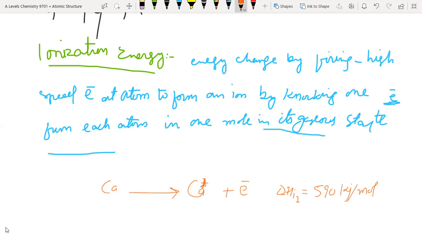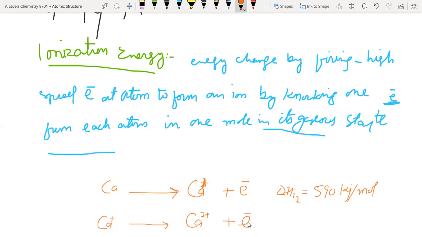Its second ionization energy would be the successive loss of an electron from the already formed monopositive ion. This will be converted into a dipositive ion and one more electron will be removed.